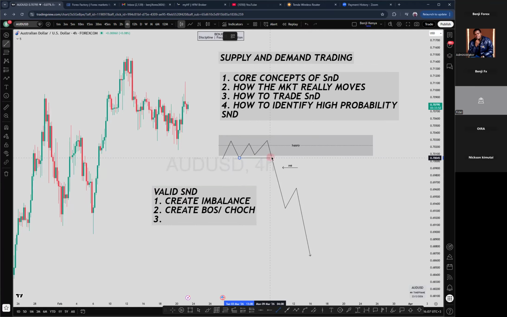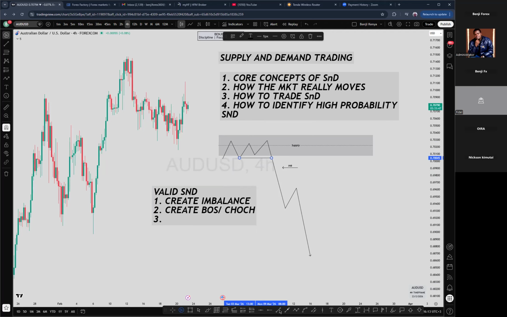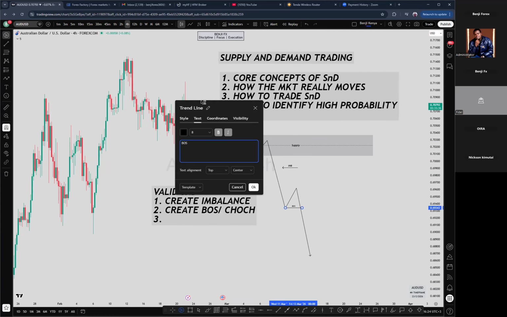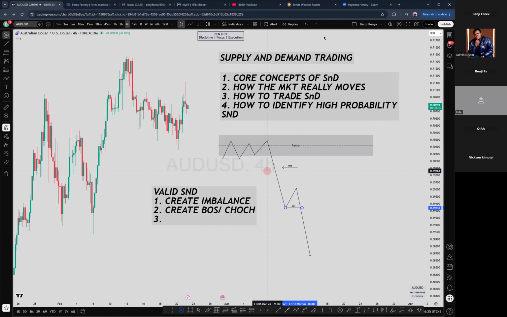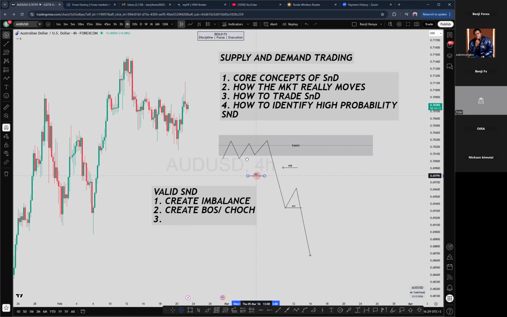We can have this as our break of structure with this supply. This is just an example. Then we have another break of structure here. We also have a BOS there. Perfect, so those are the breaks of structure that we have.